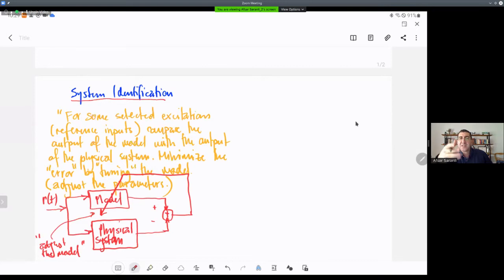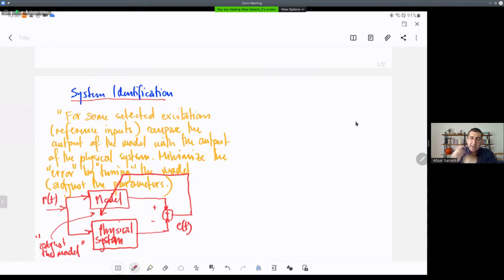And the difference, you use it in order to adjust the model parameters. You try to minimize this signal E of t so that the mathematical model and the physical system essentially generate the same response. In that case, you have an accurate model that you obtain through system identification.